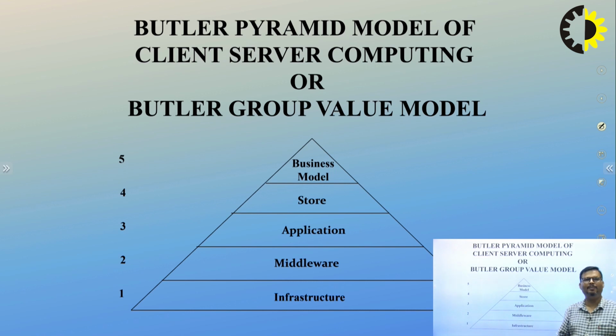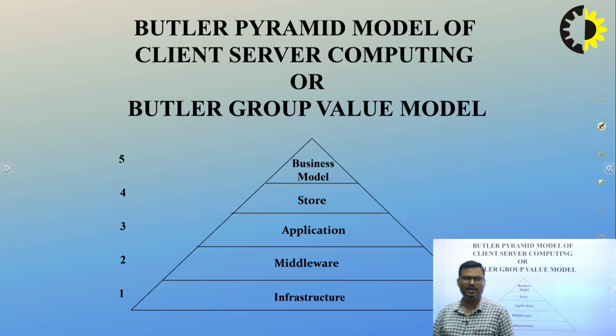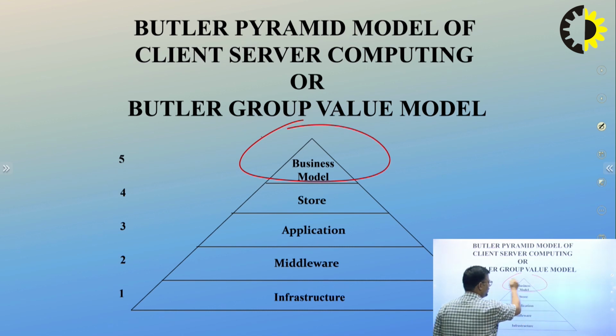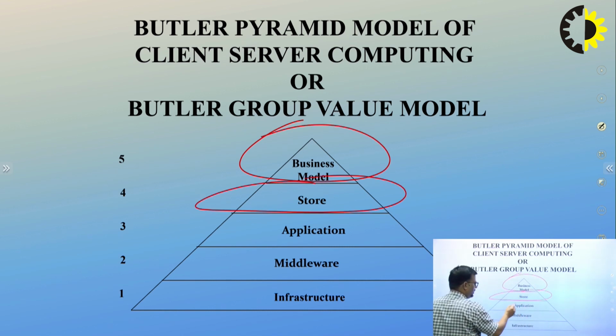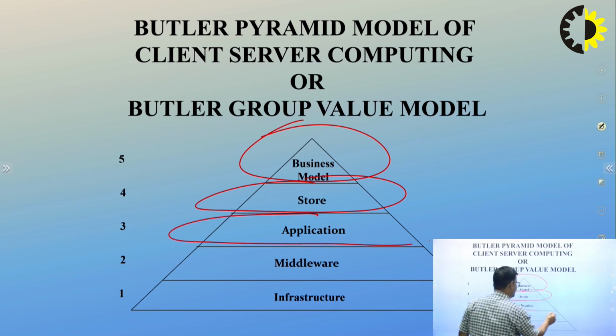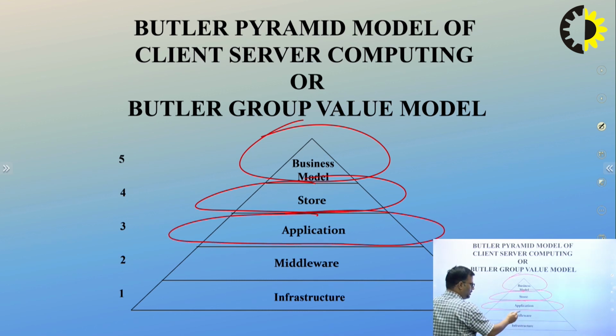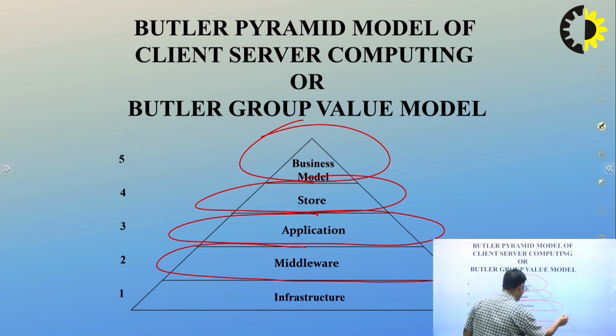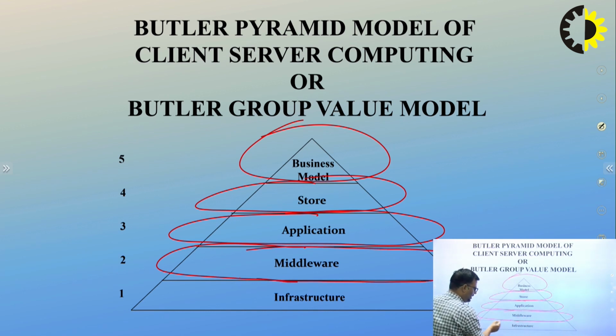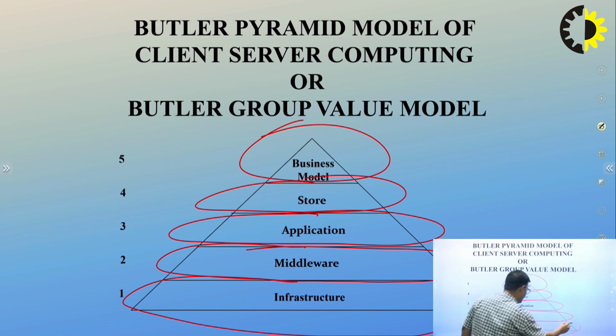The Butler pyramid model also defines client server computing, or the Butler group value model. Here the main thing is the business model. Second thing, store the information. Then this information is developed through the application. These applications are also held by the middleware, and this information is got and used in an infrastructure.